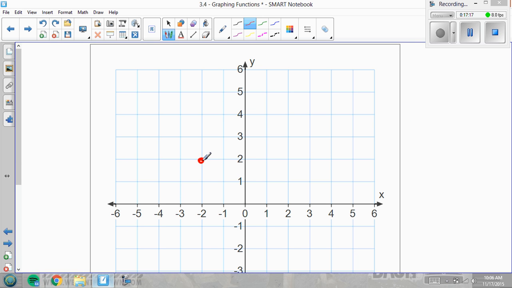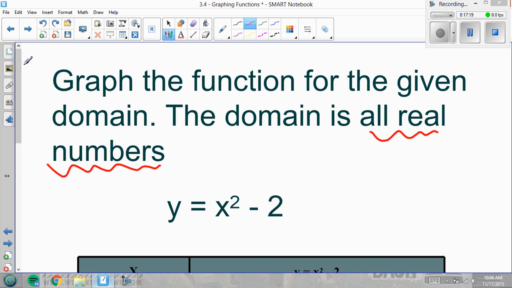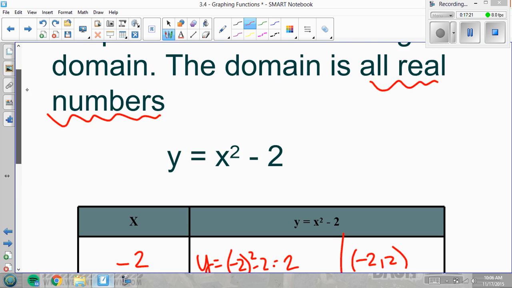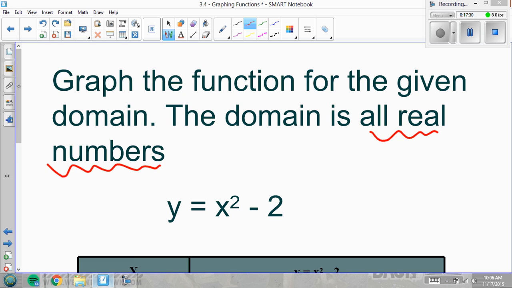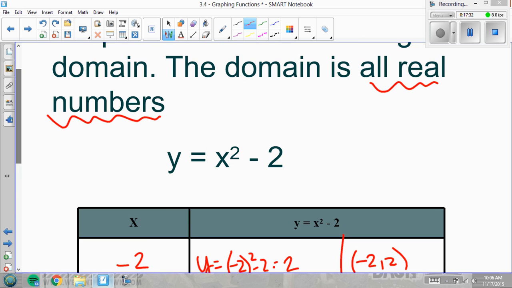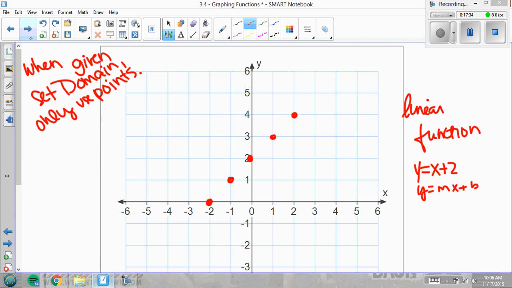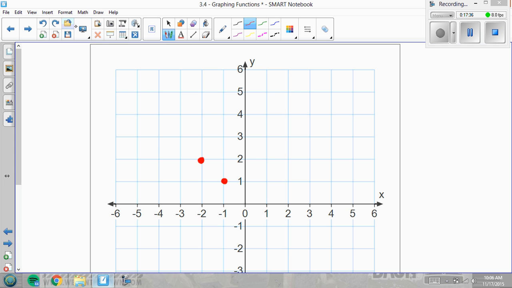So -2, 2, and then we had -1, -1. 0, -2. Whoops, sorry, I just put my point at the wrong one. We were at -1, -1. 0, -2. 1, -1, and 2, 2.